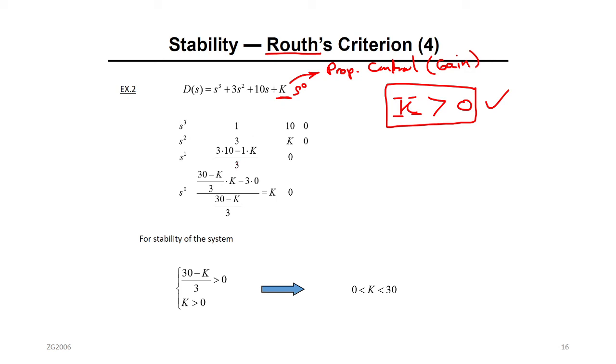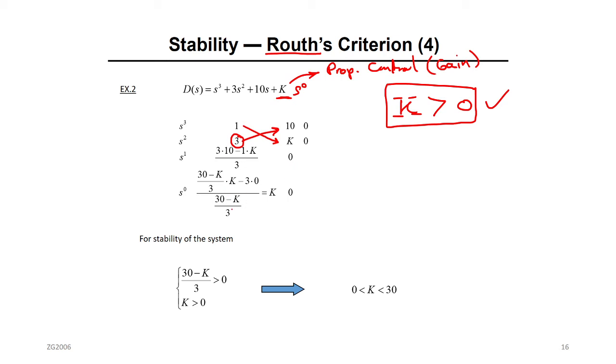I'm going to start calculation from here, right? This coefficient will be 3 times 10 minus 1 times K, divided by 3. This coefficient here will be 3 times 0 minus 1 times 0, so it's going to be 0. Then you stop, go to the next row.